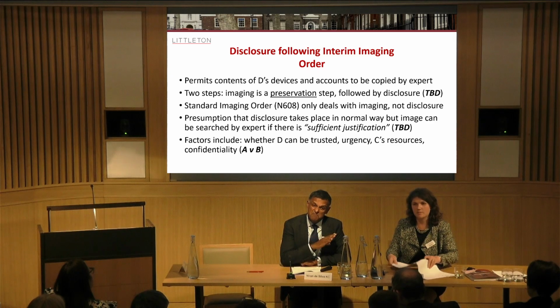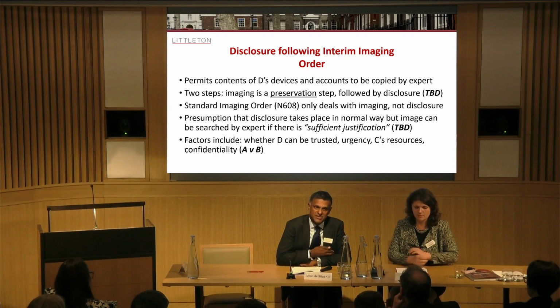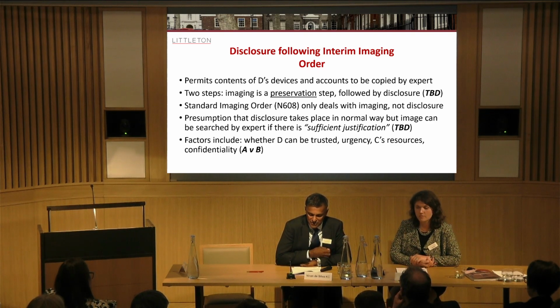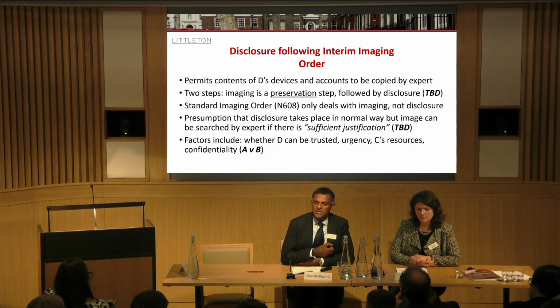First is the imaging, which is merely an evidence preservation step. And the second, completely different step is disclosure, specifically inspection of the contents of those images. A standard imaging order only deals with the first part. The imaging bit doesn't say anything about disclosure, or inspection, looking at those documents.